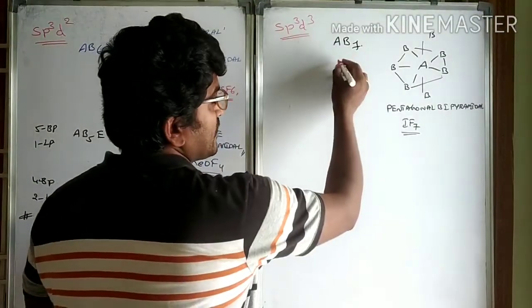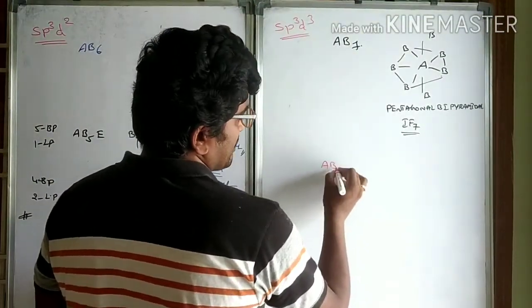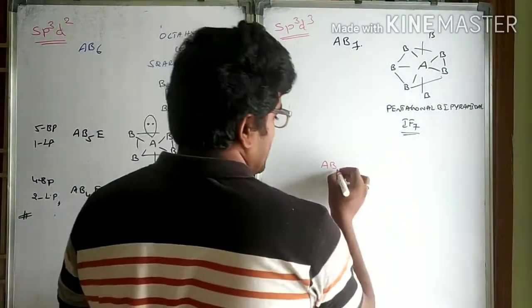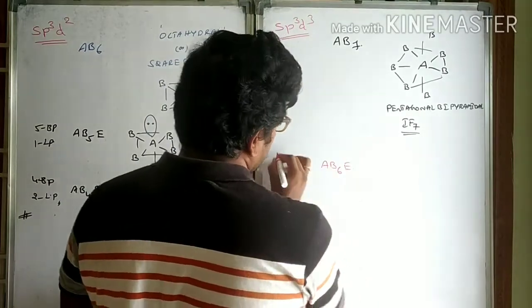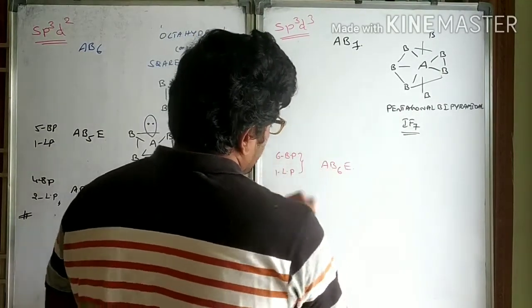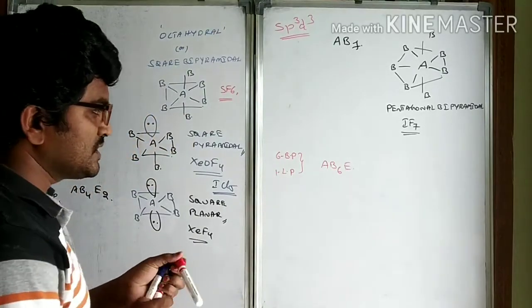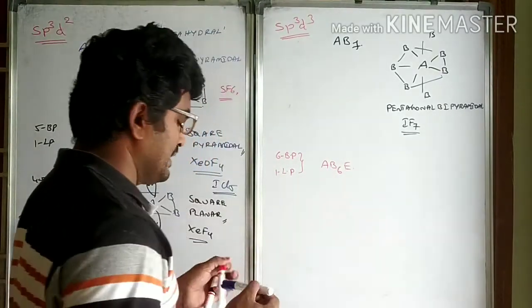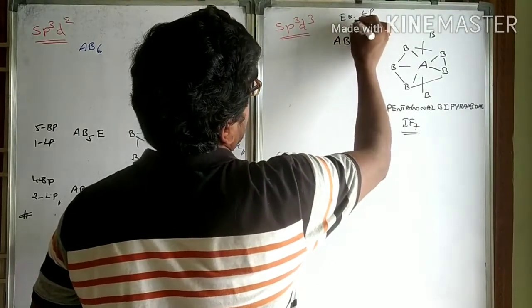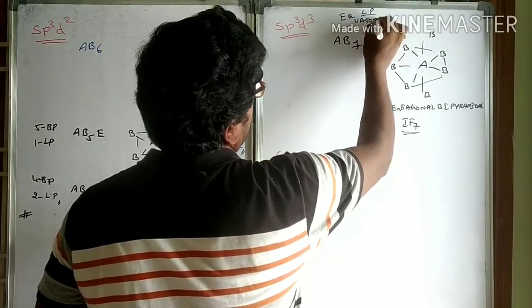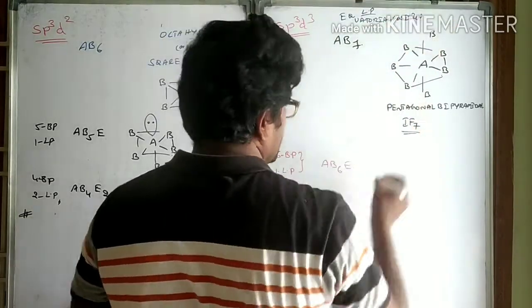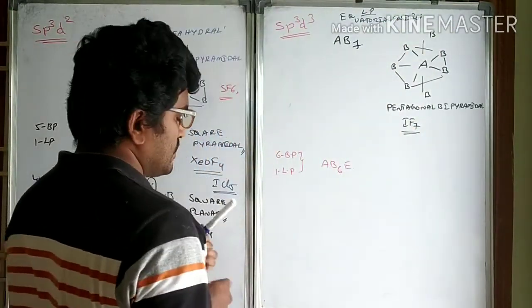And we have only one compound with a lone pair here, beyond this we will not study any others. That's why it will be AB6E, with 6 bond pairs and one lone pair. This lone pair occupies the equatorial position.